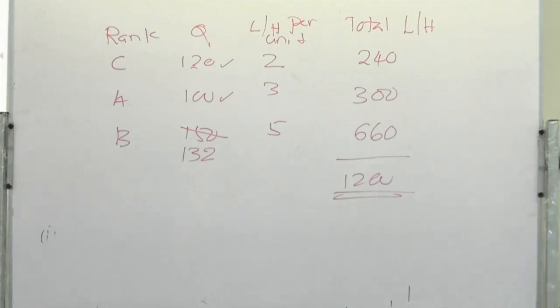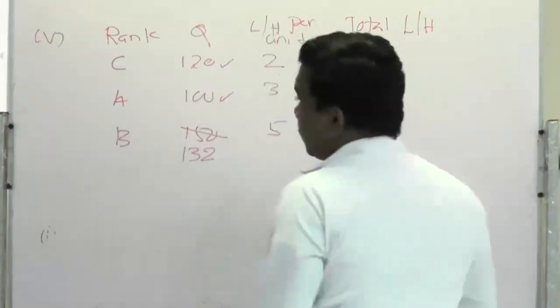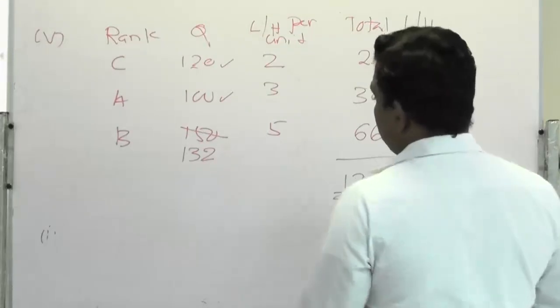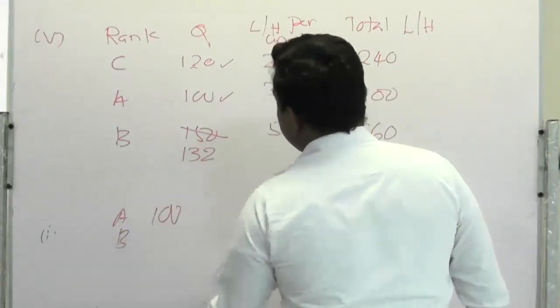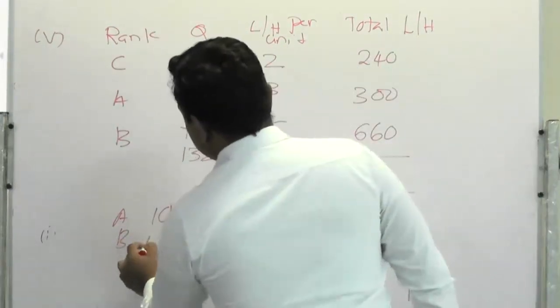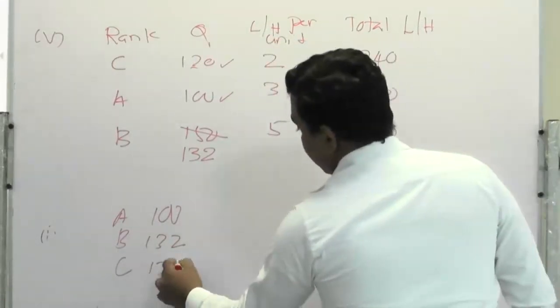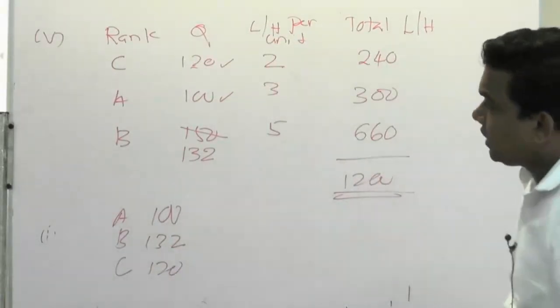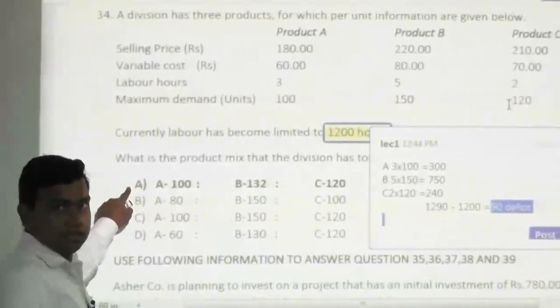Now, you were given 5 steps, and this is the last step. Therefore, from product A you can produce 100, from product B you can produce 132, and product C you can produce 120. Therefore, the answer will be answer A: 100, 132 and 120.